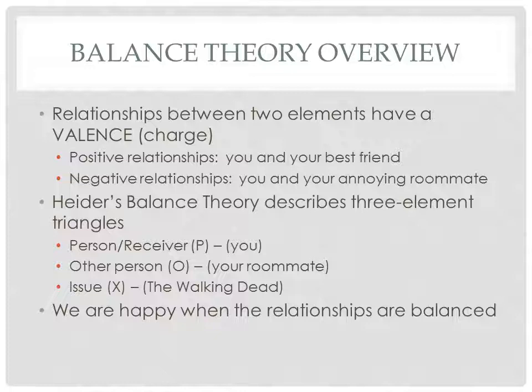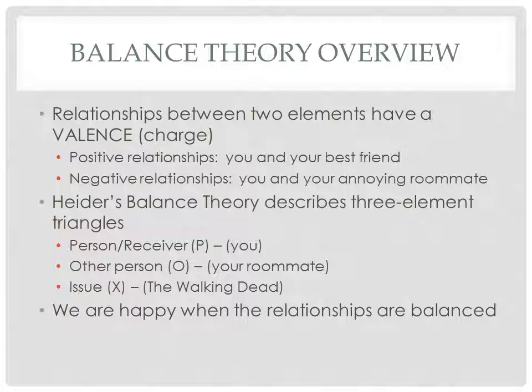Now, Heider's balance theory talks about what happens to a person when you have three elements, so three relationships between the three elements. The three elements are the person or receiver, that's the P in those triangles that are in the book and that you're going to see in the rest of this video.